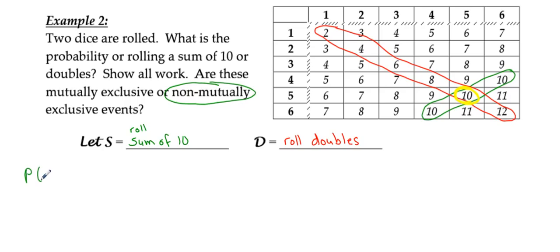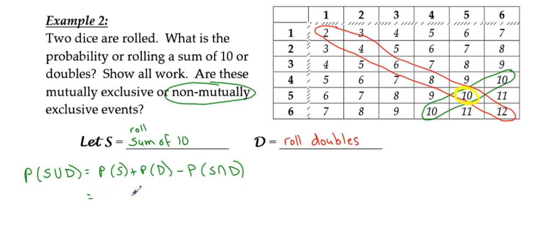So the probability of a sum of 10 or doubles is the probability of a sum of 10 plus the probability of doubles minus the probability of the overlap, sum of 10 and doubles. Please don't forget that overlap part.